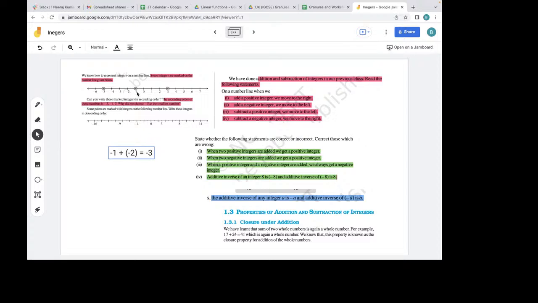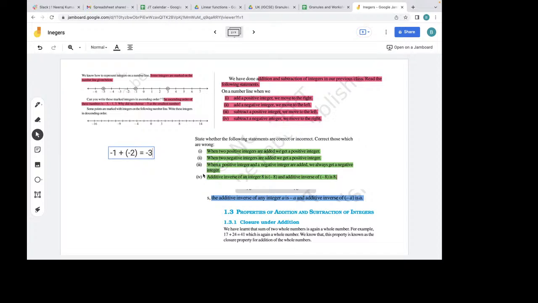That's why this statement is incorrect, because if you take a negative number and add a negative number, you have to move to the left only, and on the left you will always get negative integers. So when two negative integers are added, we always get a negative integer, not a positive one.